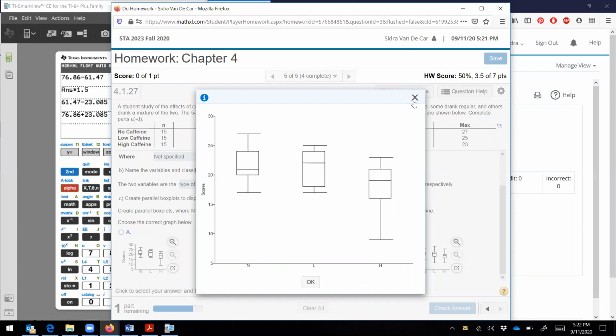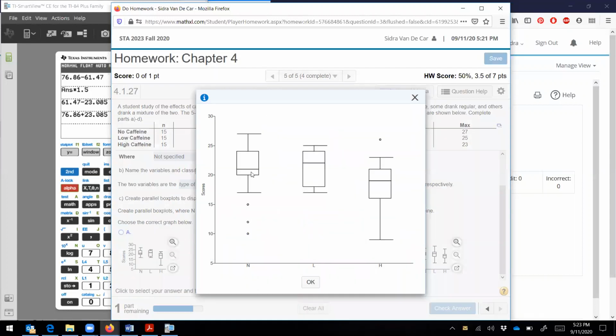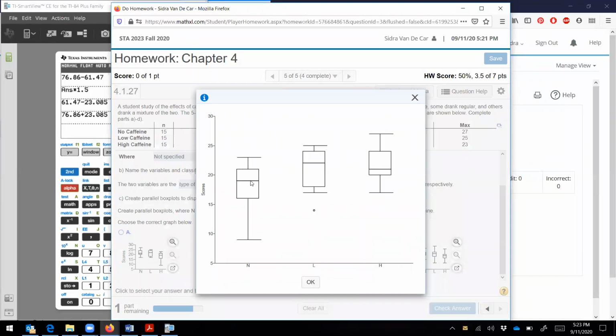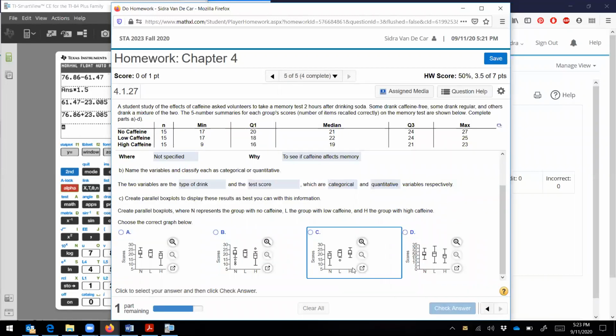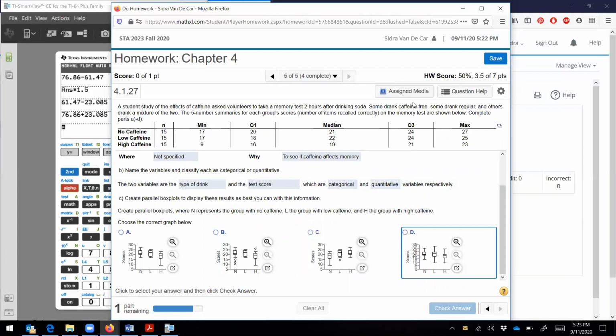Okay, that works. So A could work. That's below 20. So I can rule out this chart because it's supposed to be 21 for the no caffeine. And 21, 22, 19, that one could work. So far, we have only ruled out one.